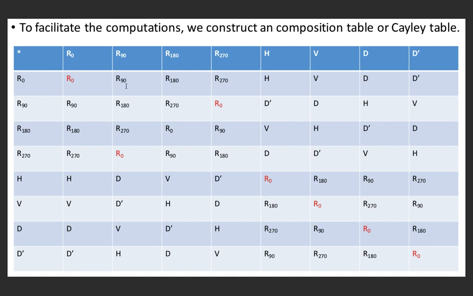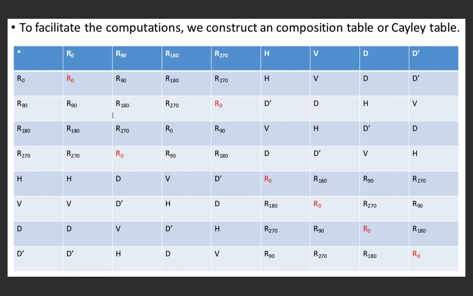Although in the first row, the elements towards the right are R90, R180, R270, H, V, D and D dash, below it are R90, R180, R270, H, V, D and D dash. So the elements towards the right and below R0 are same.